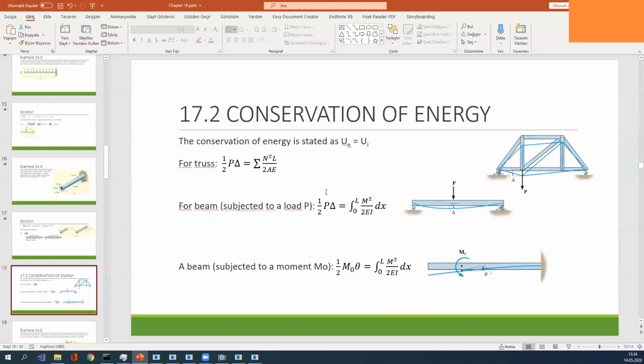Maybe some of you are wondering, Hocam, what about the shear force? How can we compute the shear force here? Mostly for bending, we combine shear and bending, but if we compare the shear strain energy with the bending energy, the bending energy is much higher.